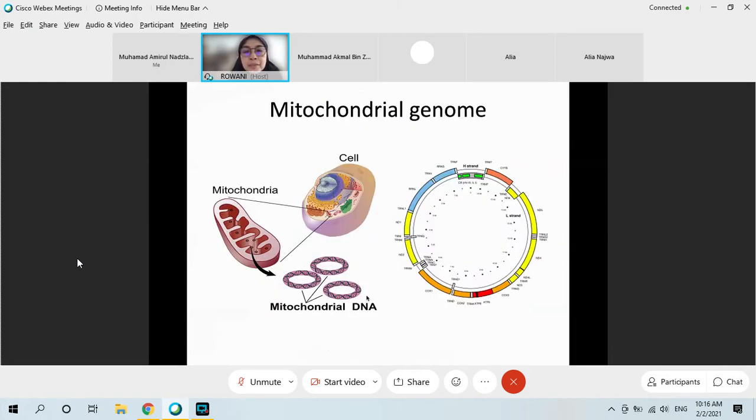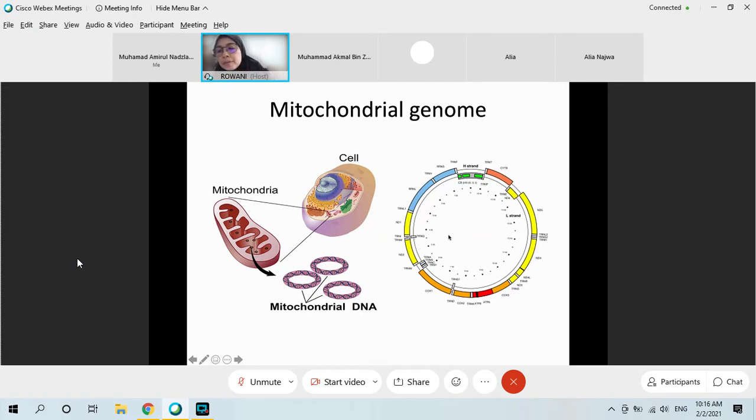Another location where you can find your human genome is in the mitochondria. If you remember correctly, the mitochondrion is a double-walled organelle, and the mitochondrial genome is located inside it. The mitochondrial genome is a ring-like structure, as shown here.